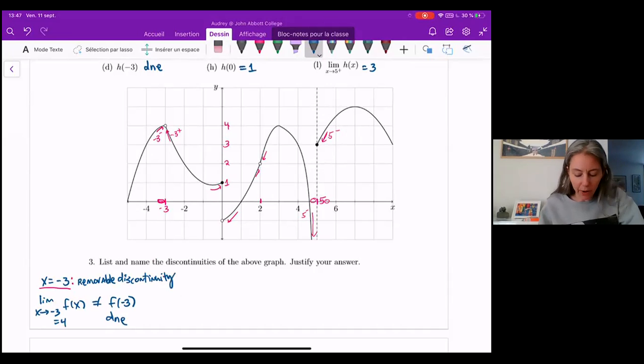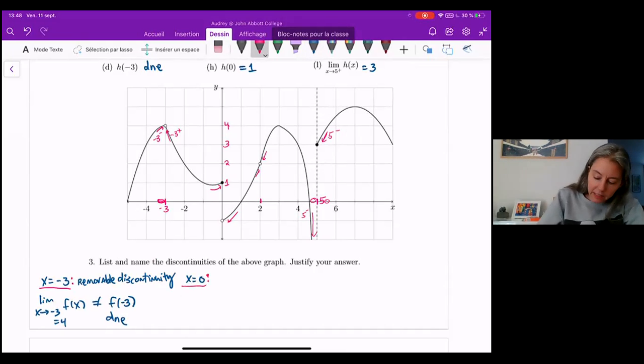Now the next place that I would have to pick up my pen and keep drawing, I get to x is equal to 0. And what I can see here is that on the left side, as I approach 0 from the left, we said that that is equal, this is an h, not an f, my bad. So h of x.